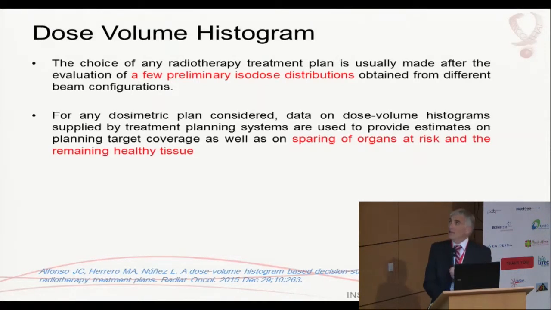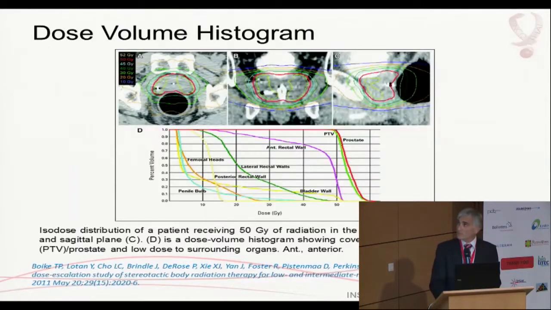So for any dosimetric plan considered, data on dose volume histograms supplied by the treatment planning system are used to provide estimates on planning target coverage as well as on sparing of organs at risk and the remaining healthy tissue. So that's already, okay, we have this ratio between the amount of drug inside the tumor and the surrounding tissue, but based on that, we should be able, and we are able, to perform dose volume histograms.